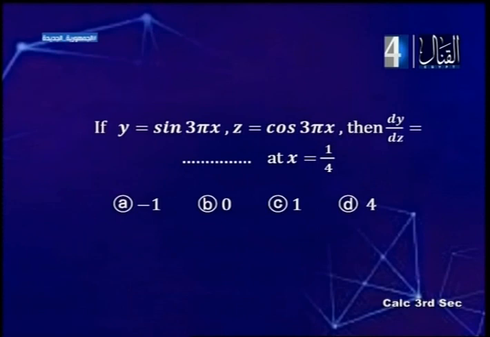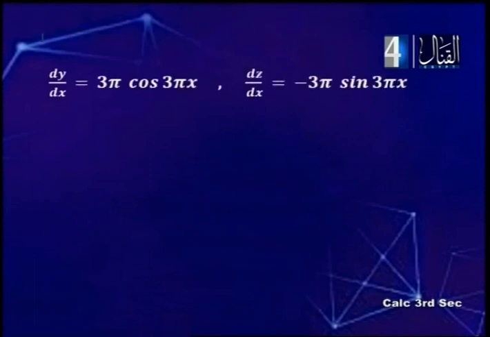The first derivative dy/dx equals 3 pi cosine 3 pi x. The derivative of sine 3 pi x equals cosine 3 pi x multiplied by 3 pi. And the derivative of z with respect to x, dz/dx, equals the derivative of cosine 3 pi x, which is negative sine 3 pi x multiplied by 3 pi.